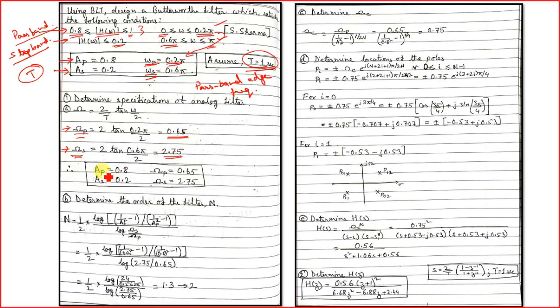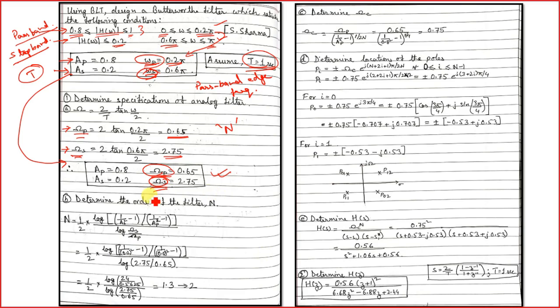Now we calculate these values in terms of omega p and omega s, and we just replace the digital frequency values with the analog frequency values, right? So we have now got this one. Now since the order of the filter is not given here, we have to calculate the order of the filter n.